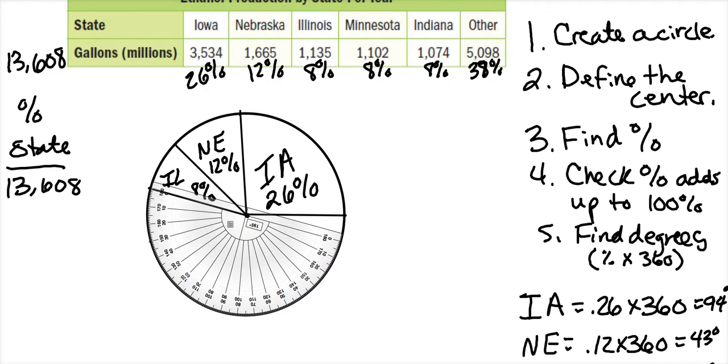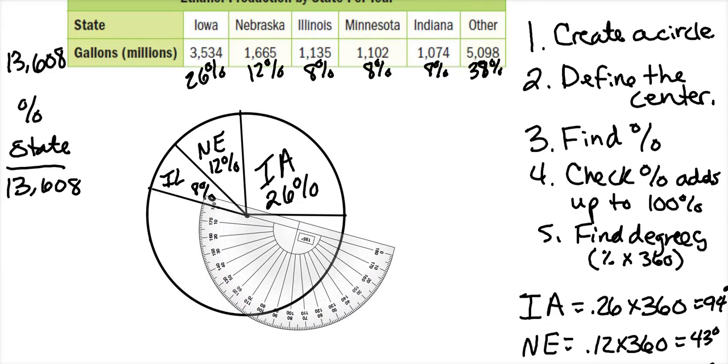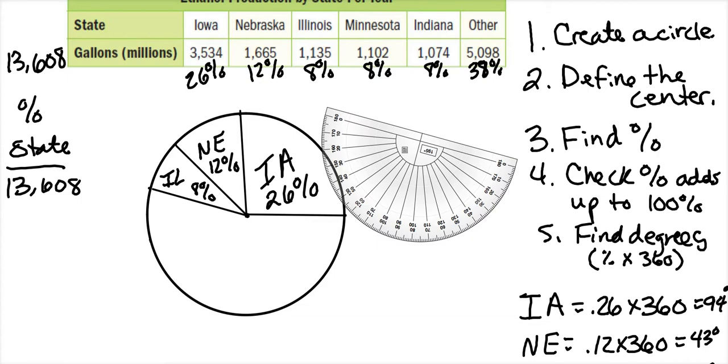If I can see it. Okay, mine didn't show up too good, but we'll try it anyway. All right, then we're going to go here. About right there, I think. Okay, and the next state was Minnesota. So it's going to be MN and 8%.